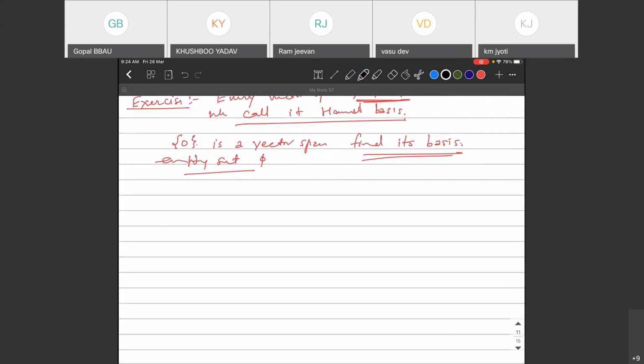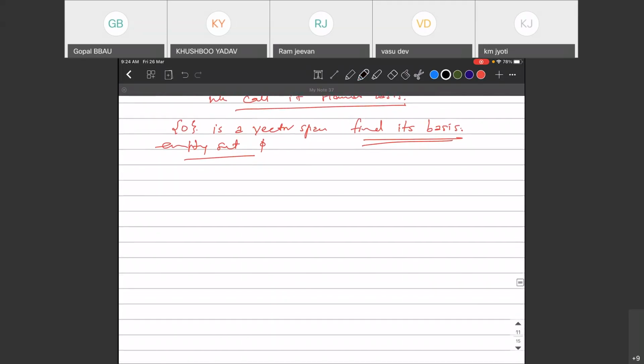Now we will state the Hahn-Banach theorem. Before stating that, we need another notion called sublinear functional. You have seen one example of a sublinear functional. Let's see the definition first. What is a sublinear functional?